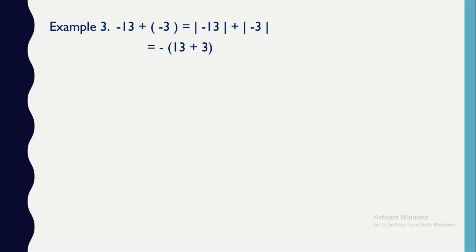And then add 13 plus 3, that is 16. And after you get the sum, just copy their common sign, and that is negative. So therefore, negative 13 plus negative 3 is equal to negative 16. So that is the first rule in adding integers.